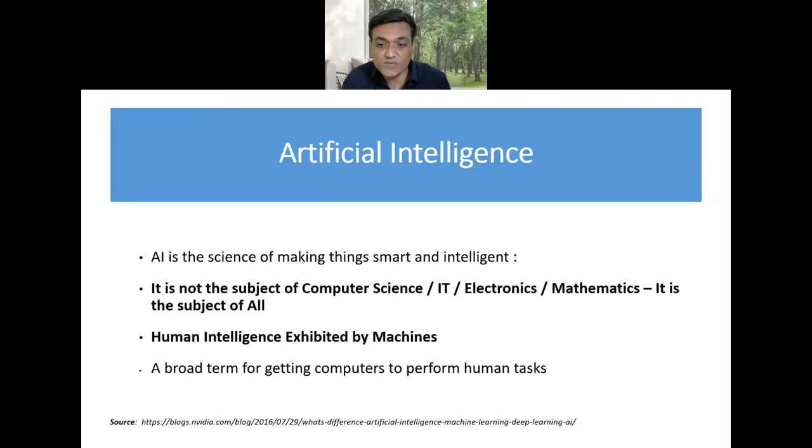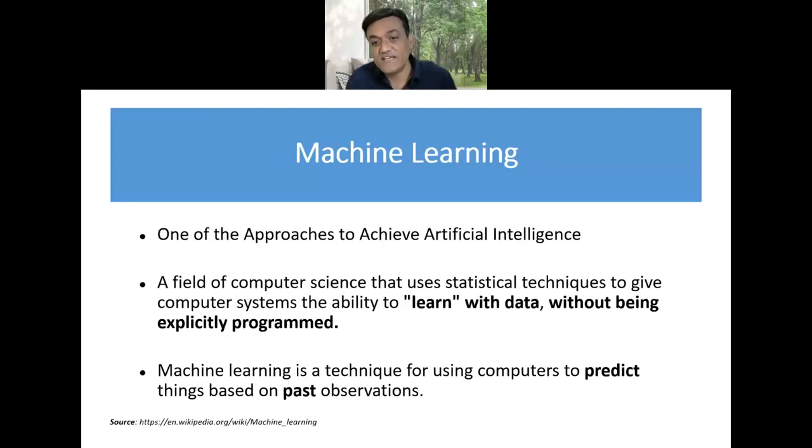So the human race is basically trying to transform human intelligence into machines, and that is why human intelligence exhibited by a machine is nothing more than what we call AI. And machine learning is one of the approaches to achieve AI, using the field of computer science that uses statistical techniques to give computer systems the ability to learn from data without being explicitly programmed.